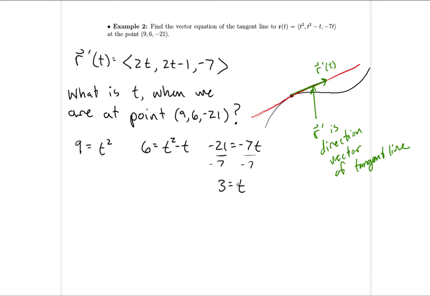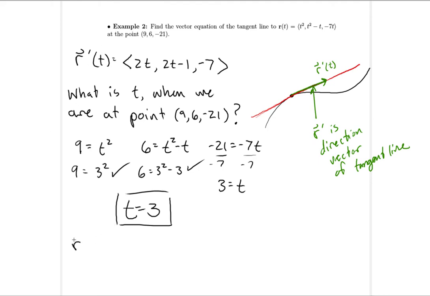So t equals 3, and then we just confirm, is it true that 3 squared minus 3 is 6? Yes. Is it true that 9 is equal to 3 squared? Yes. So that means t equals 3 is where we need to evaluate our derivative.